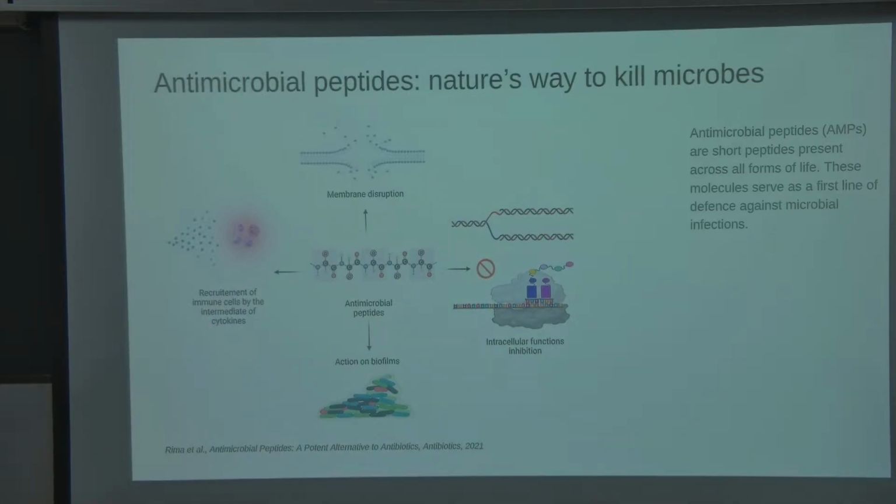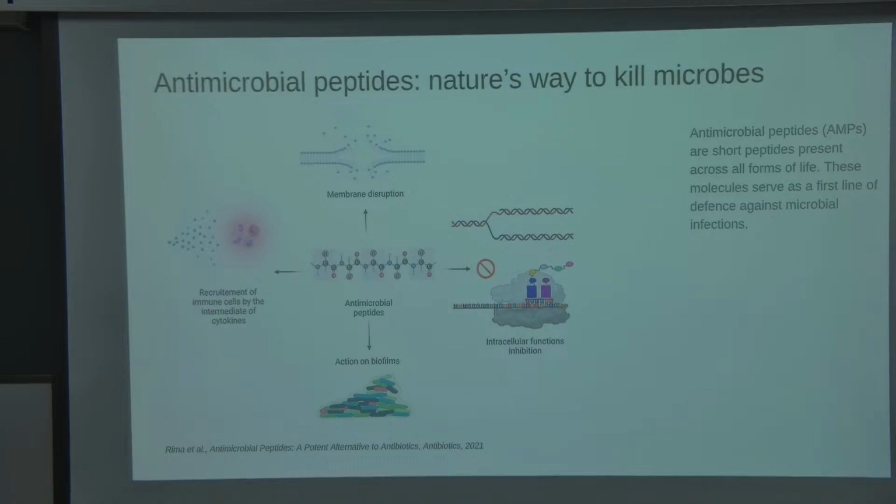These proteins can work in a myriad of ways: they can disrupt bacterial membranes, they can recruit the immune system to specific sites, and other things. But the problem with these peptides is that you need to synthesize them and purify them, and doing that at scale is slightly tricky.